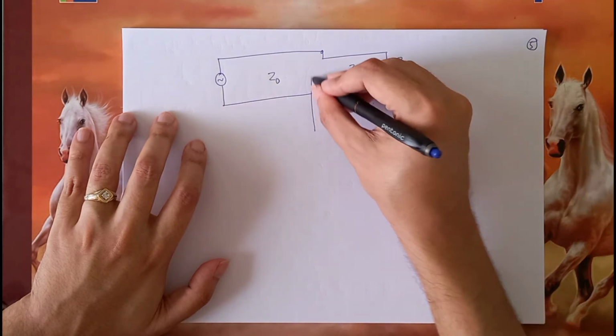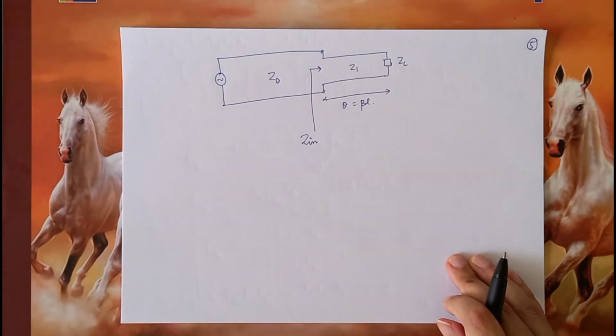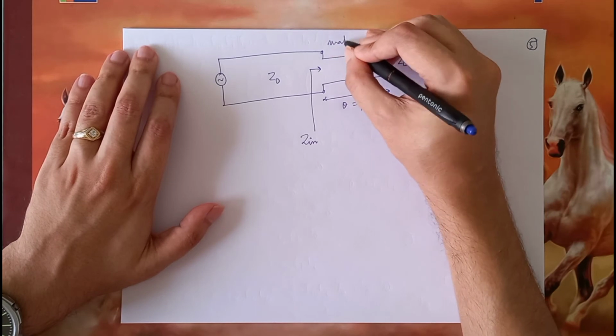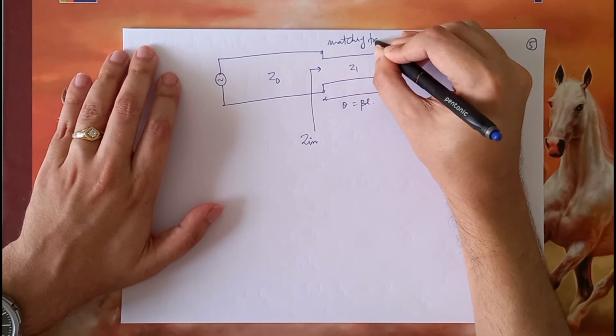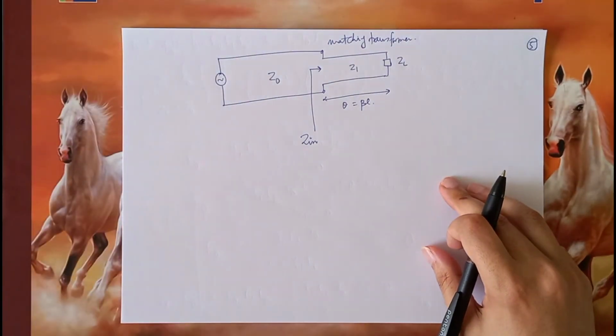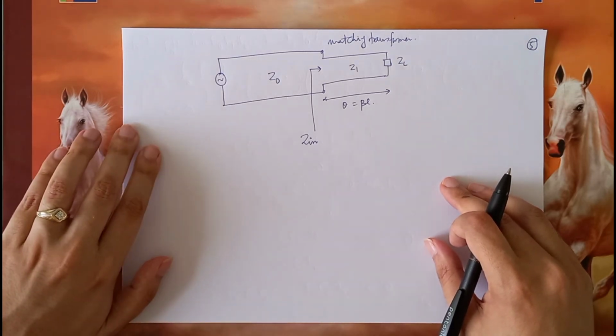So let us say the impedance looking into this matching section is some Zin. So what is Zin?